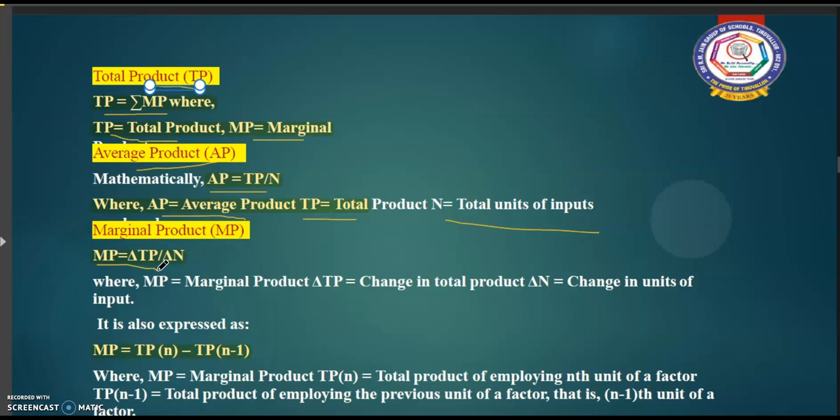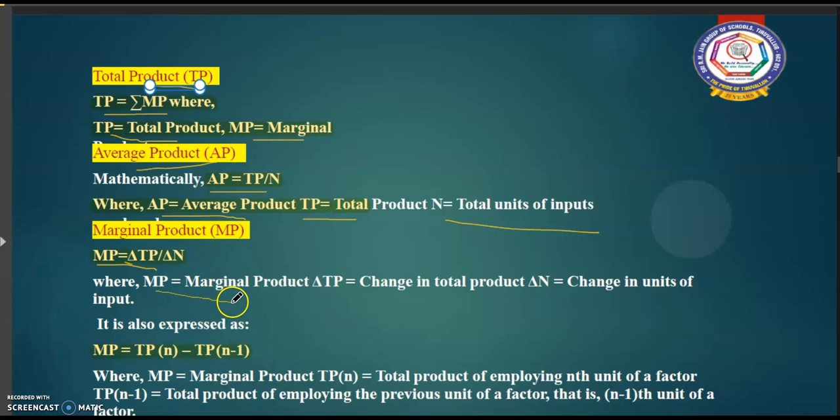It is the ratio of change in the total product to the change in the units of the input. This triangle symbol denotes change. Mathematically it is written as MP equal to change in TP by change in N.